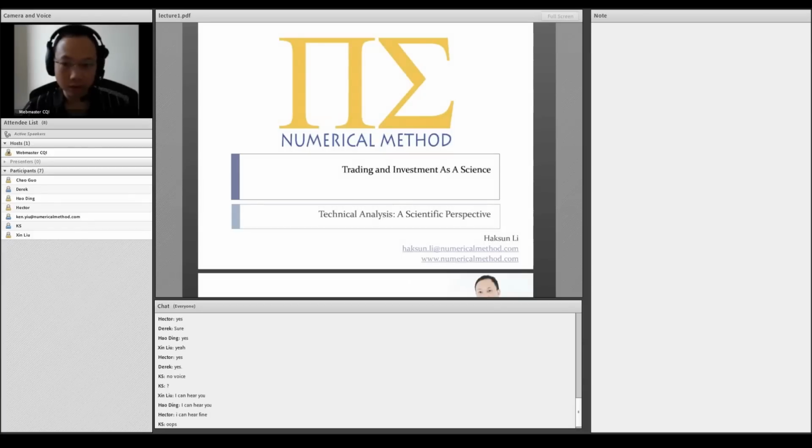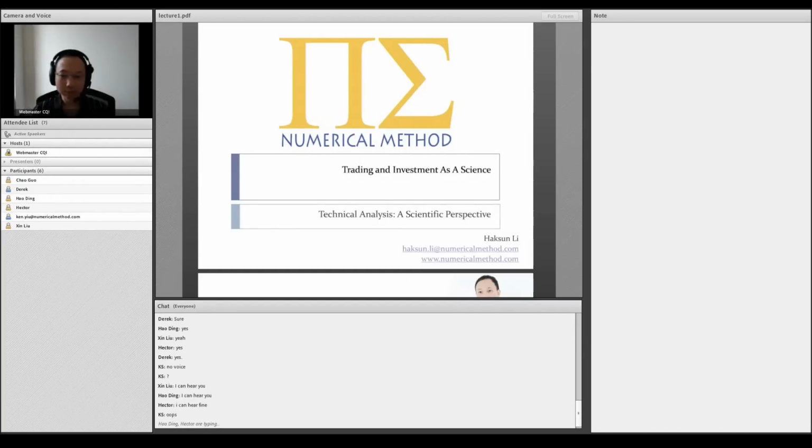Do you prefer it like this, or do you prefer full screen? If it's full screen, then I cannot see everybody typing. Which one do you prefer? You want it like this, so that everybody can see everybody typing?